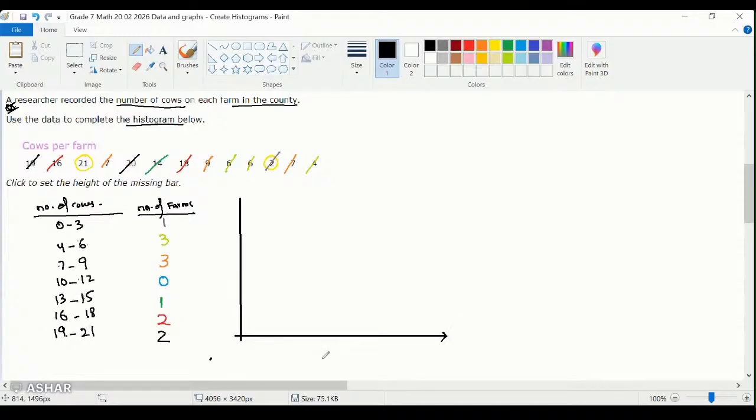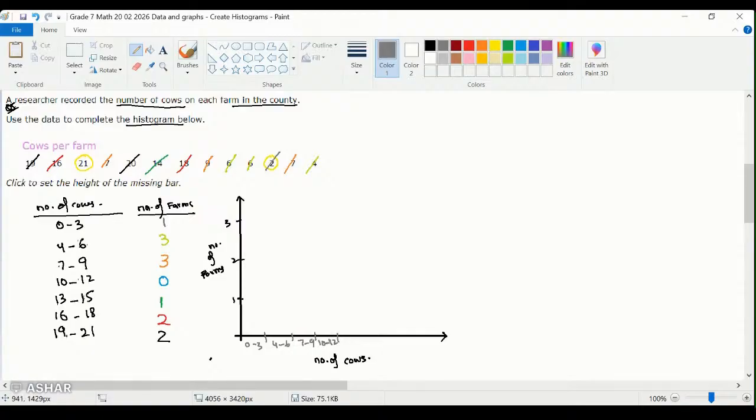The horizontal axis represents the number of cows, and the vertical axis represents number of farms. So we could have 1, 2, and 3. We make an arrow. On the horizontal axis, we can have between 0 and 3, 4 and 6, 7 and 9, 10 and 12.